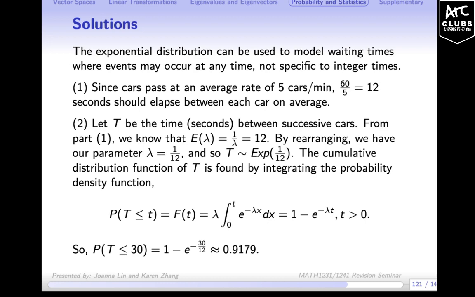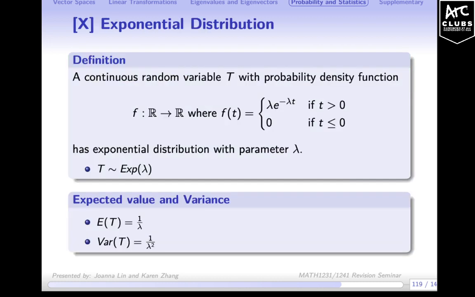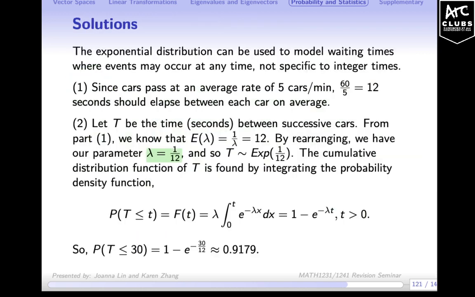Right? So rearranging this, we have a parameter lambda, which we need for our definition here. So we can look at the exponential distribution with respect to the parameter lambda, which is 1 on 12. How these questions generally work is that you use your cumulative distribution function.